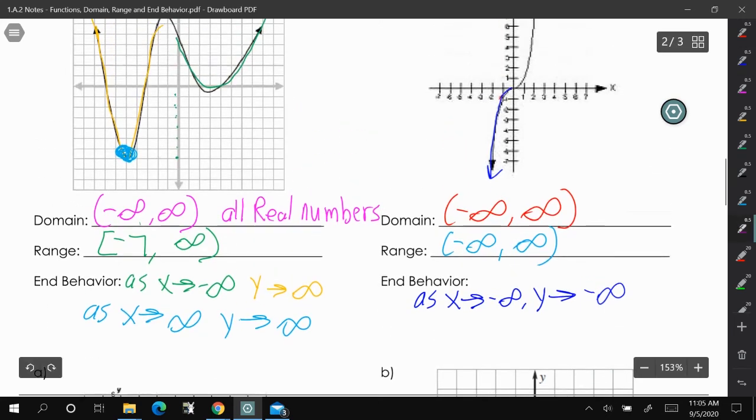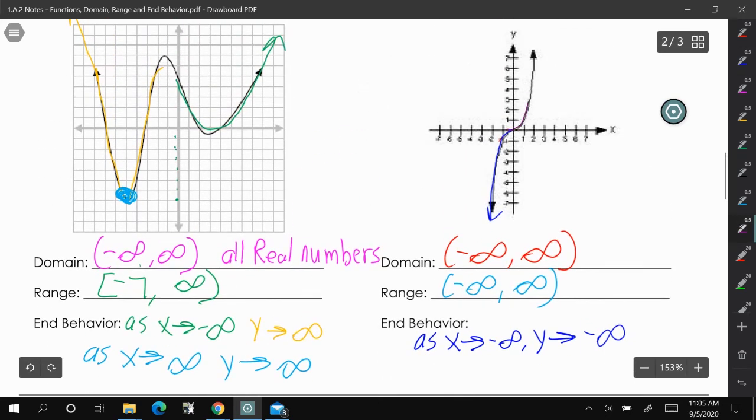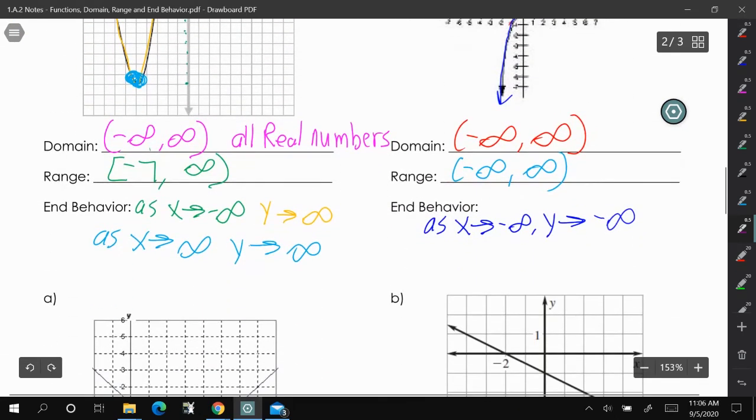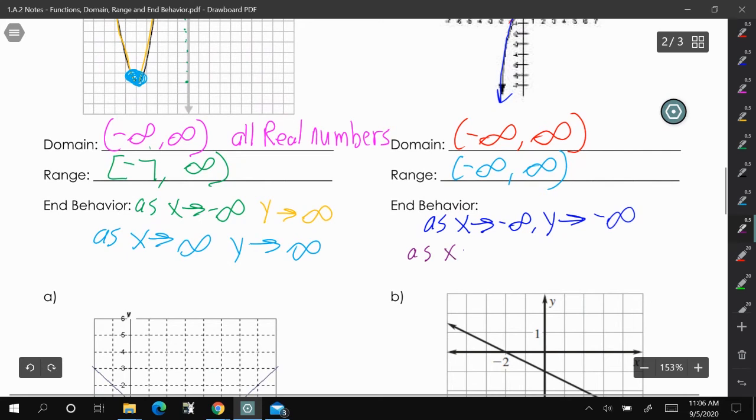Now the right side is going up. So the right end, we're going to write this. Goes up, we're going to write that. So we're going to combine these two. As x approaches infinity, y approaches infinity as well.